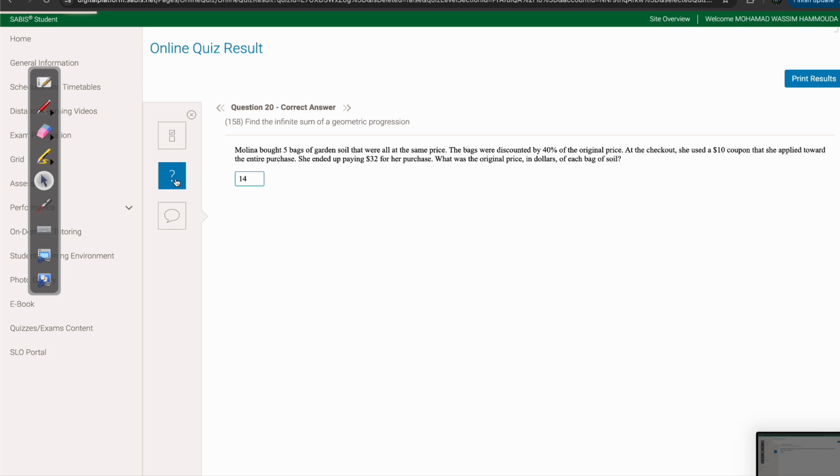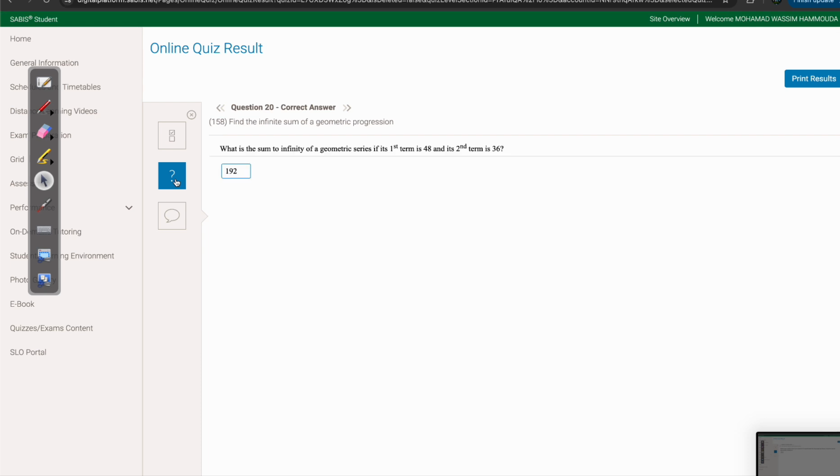Number 20. What is the sum to infinity of a geometric series if its first term is 48 and its second term is 36? Let's recall the sum to infinity rule first, which is g1 over 1 minus r. It's that simple. But we need to find r.